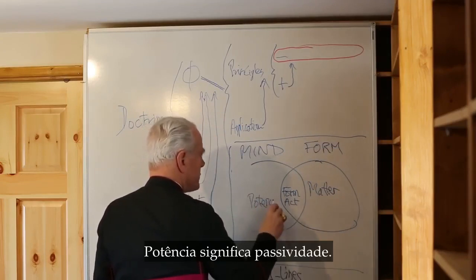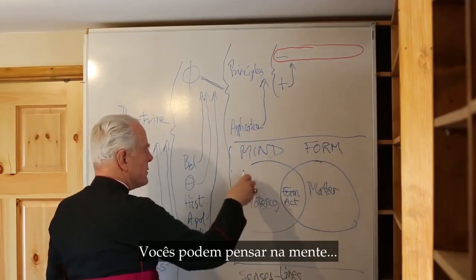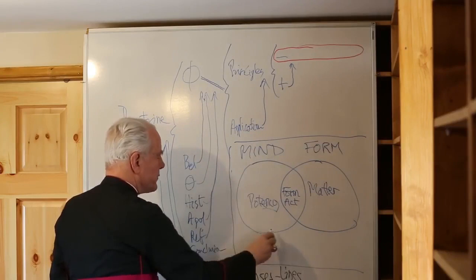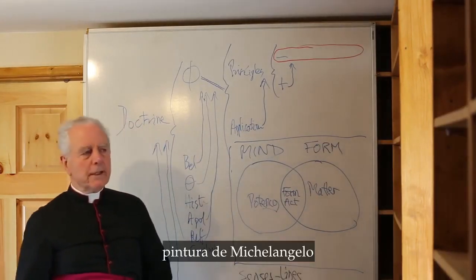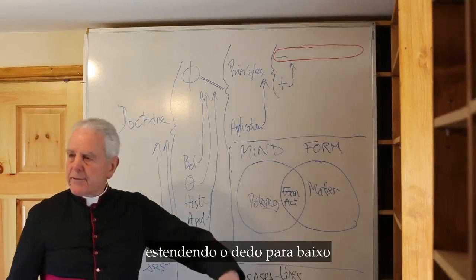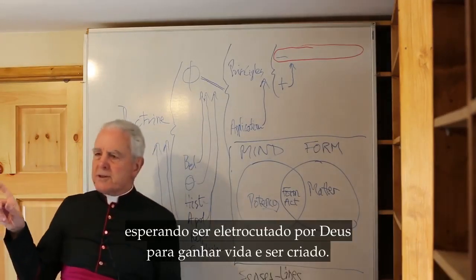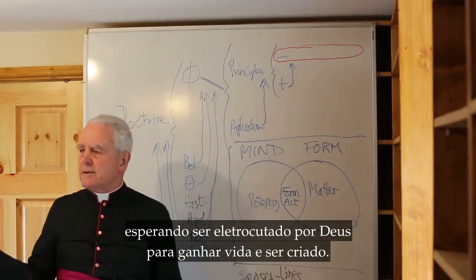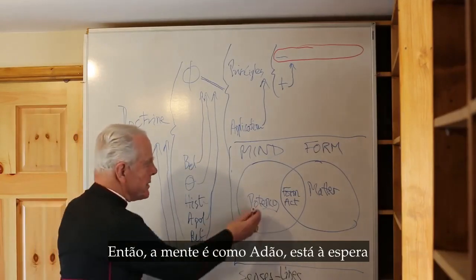Potency meaning passiveness. So you can think of the mind like that famous picture of Michelangelo on the Sistine Chapel. You may remember Almighty God reaching down with his finger and Adam waiting for God to zap him, and then he'll come to life and he'll be created. All of you know the famous picture? So the mind is like Adam.